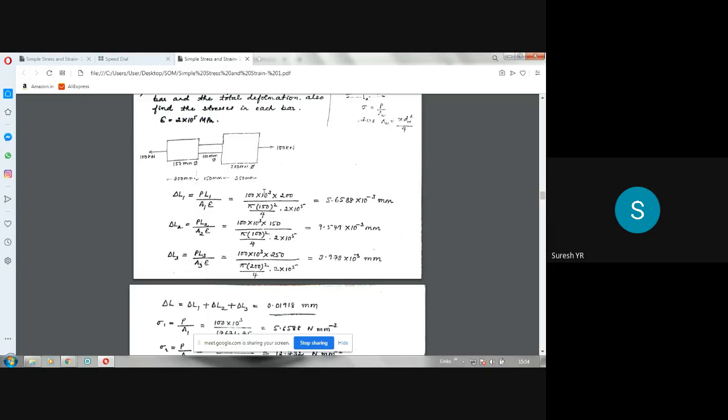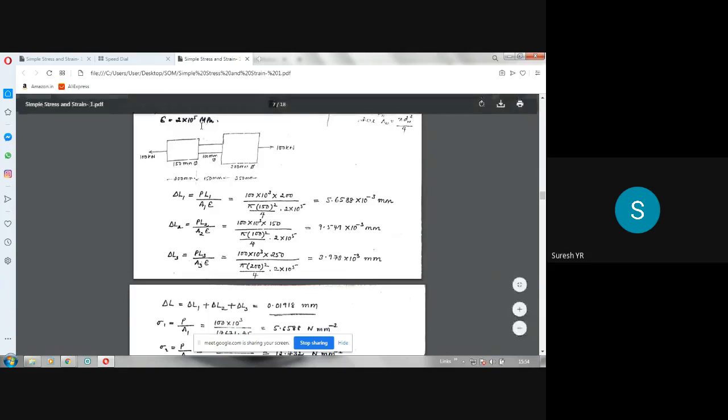So if you convert into Newton, it becomes 100 into 10 cube. Kilonewton means 1 kilonewton is 1000 Newton. So 100 into 10 cube into 200 mm is the length. So bar length is 200 mm, divided by A1, which is pi d square by 4, d is 150, into E value 2 into 10 power 5 Newton per mm square.